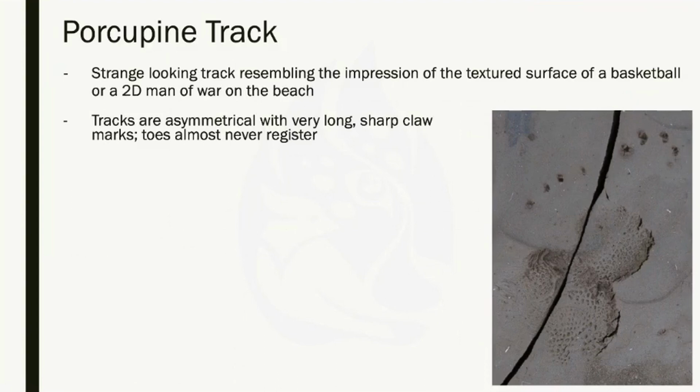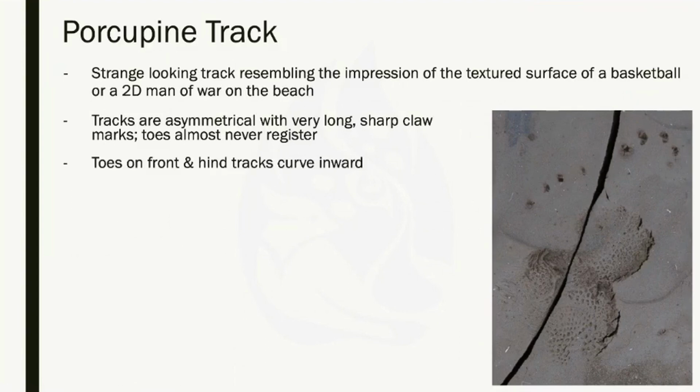You almost never see the toes, because these claws extend well below the toes, so when they're walking, you just see the nail marks on the surface, but they register way above the rest of the track, above the pad. You can see that clearly in that photo.